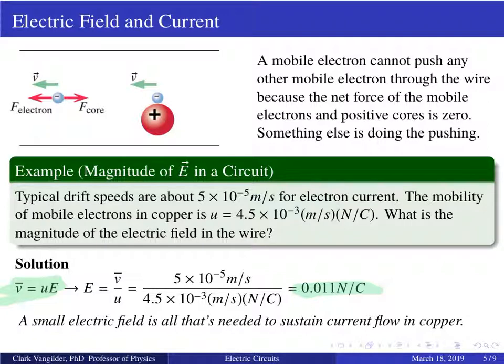So the lights that are on in this room, the drift speed of the electrons going through the wires that lead to these lights is on par with what's in this problem. We're talking millimeters per second at best.